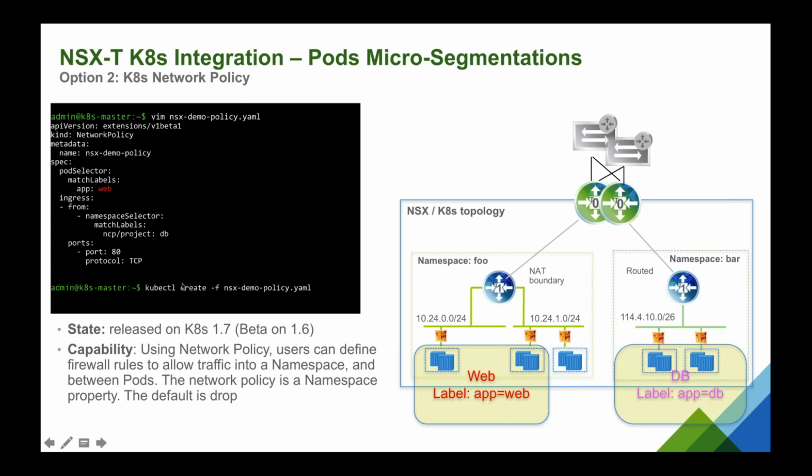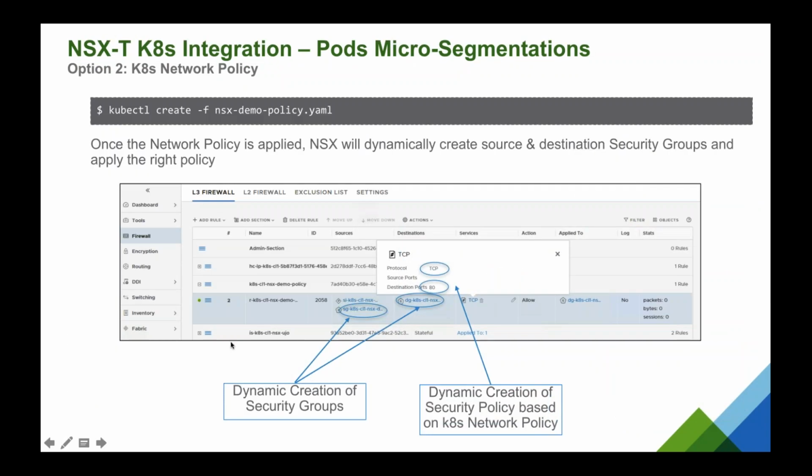I don't know how much sense this makes, but you get the point, right? You define the policy in Kubernetes itself, and NCP will translate that for you and will create dynamic security groups that include those pods, and that will then match on a specific TCP port as the destination. So it creates all the firewall rules for you.